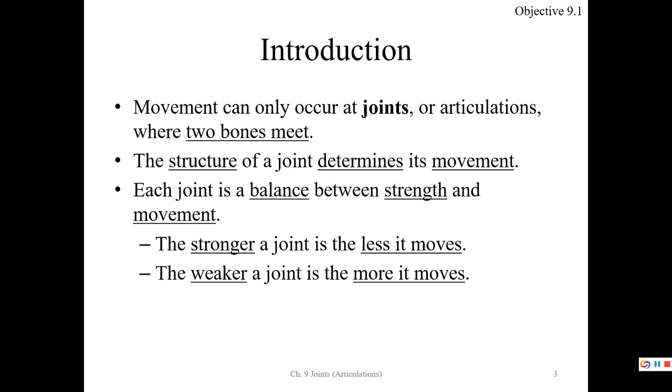We will see it on display here. Now, structure of a joint determines what it can do. Form fits function. Now, with that, there's a really good balancing act. If I looked at structure and function, and strength and movement, we'll see it all fits together.